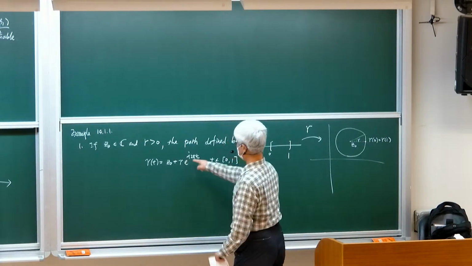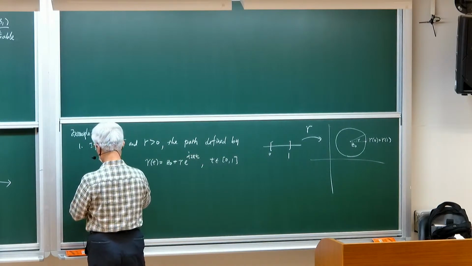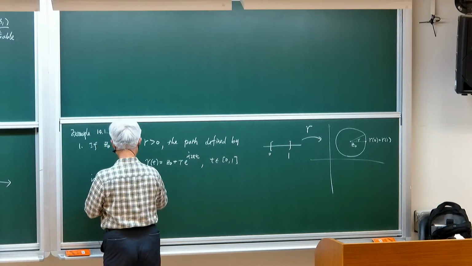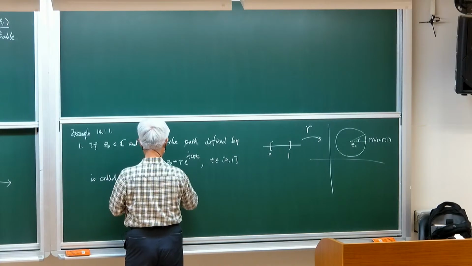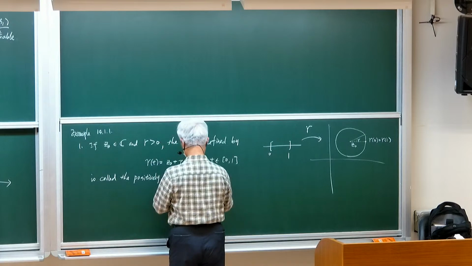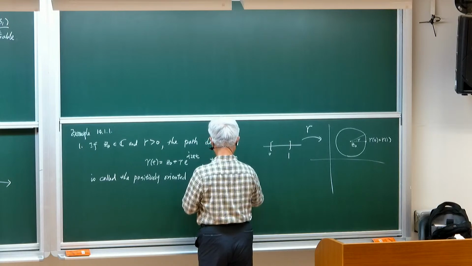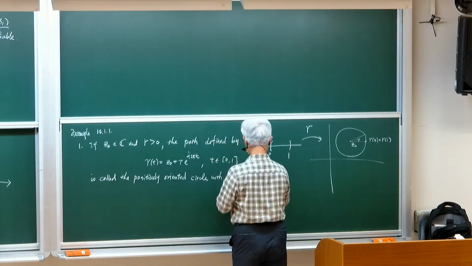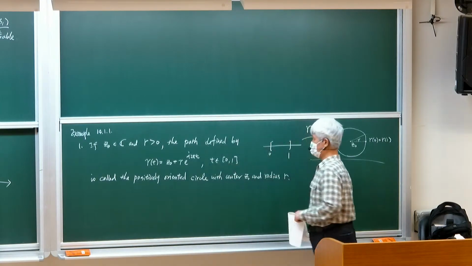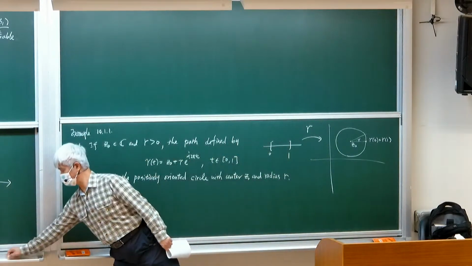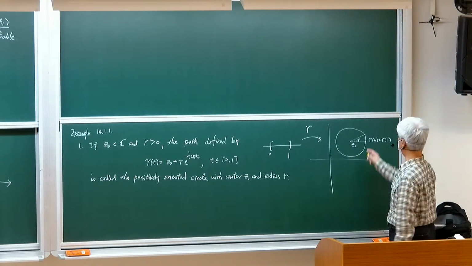So the path is called the positively oriented circle with the center z sub 0 and the radius R. And let's see the orientation of this path in the image.